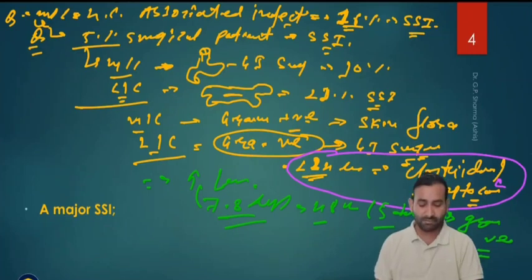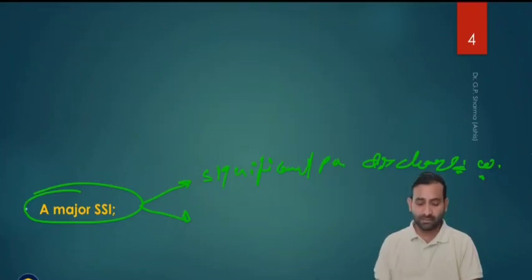So if you understand, another point here is the major surgical site infection. How do we define the major surgical site infections? Here we have to care about 2 points. Either we will see significant pus discharge from the wound, right? This is one criterion. Another criterion: the wound should be reopened to drain.